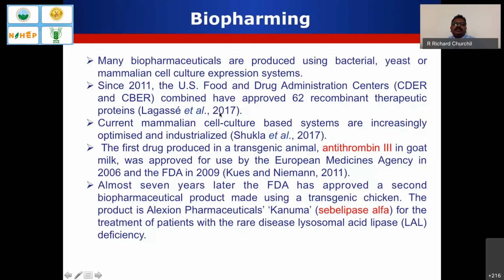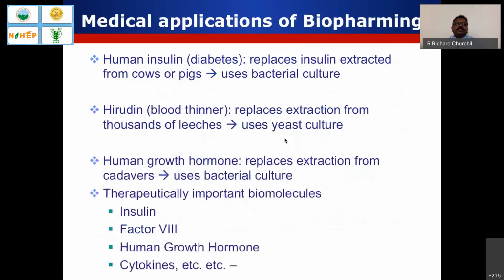In 2017, 62 recombinant therapeutic proteins were approved by CDER, the Center for Drug Evaluation and Research, and the Center for Biologics Evaluation and Research of the FDA. So there are many products coming from transgenic animals. These are some of the products which have been produced.